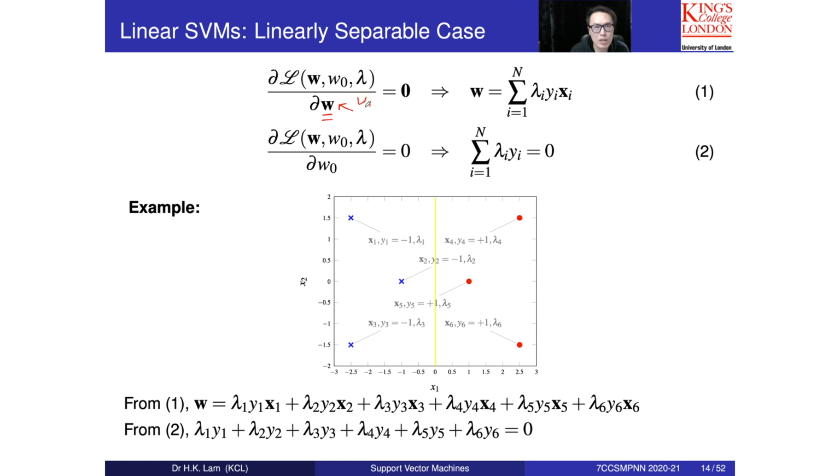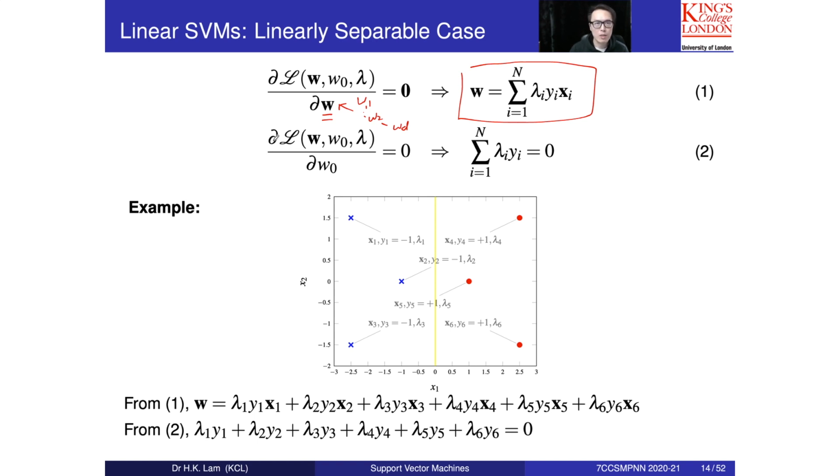We have W1, W2 up to WD, where the lowercase d is the dimension of W. So dL/dW gives us this W. We find out that W is actually contributed by every sample in the data set. That is the sum of lambda I, yi times xi.